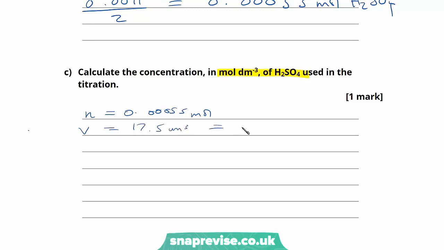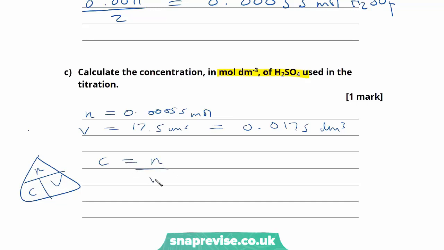That's equal to 0.0175 decimeters cubed. So our pyramid shows us that the number of moles is equal to the concentration multiplied by the volume. We want to know the concentration, so the rearrangement that we'll use is that the concentration is equal to the number of moles divided by the volume.